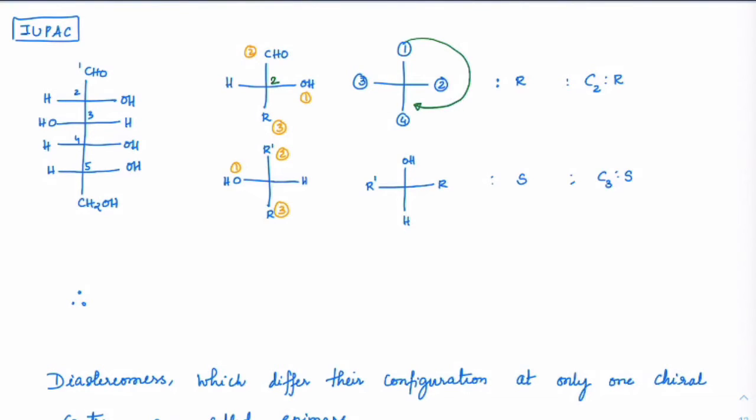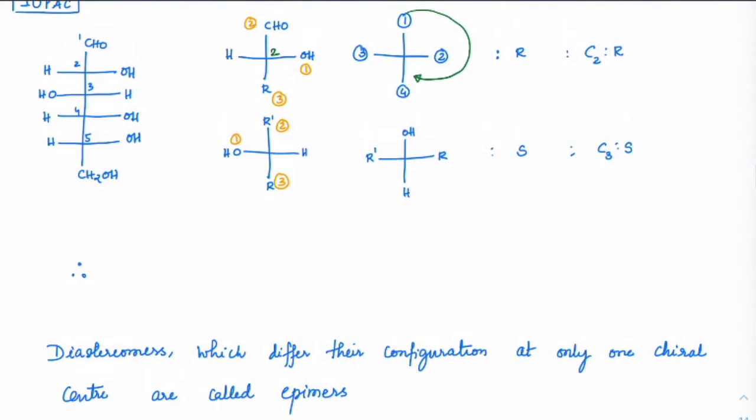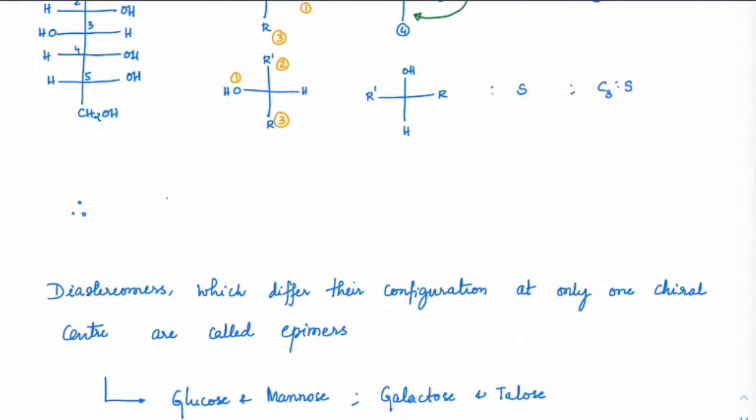Similarly, if you check out C3, it is S configured, which confirms that 4 must be R, 5 must be R. So the IUPAC name, the complete name of the sugar for glucose, would be 2R, right? And in the third position we have S, 4R and 5R. Got it?